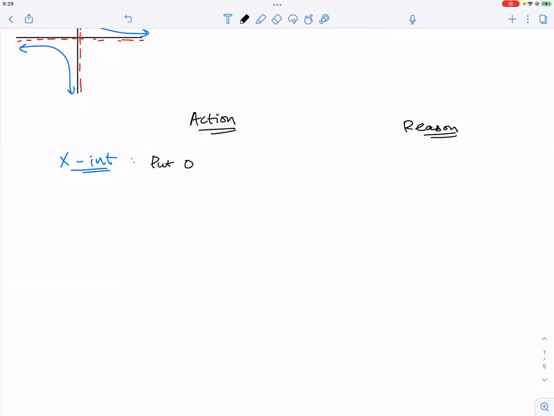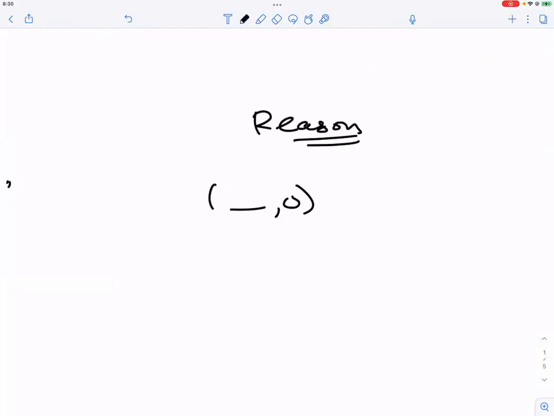We put 0 into the y. And the reason is, well, this is an x-intercept, right?